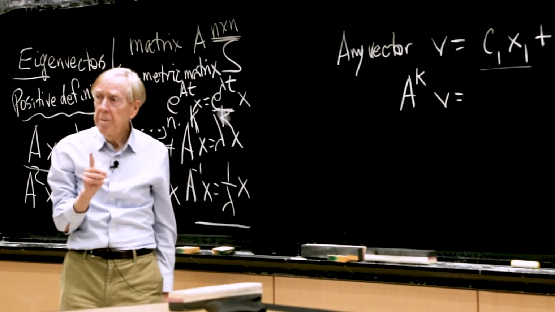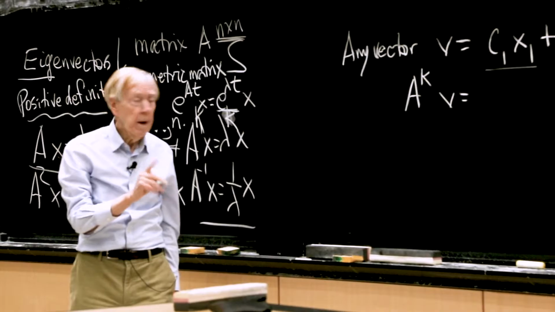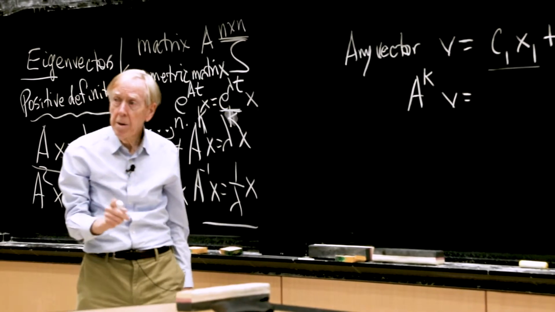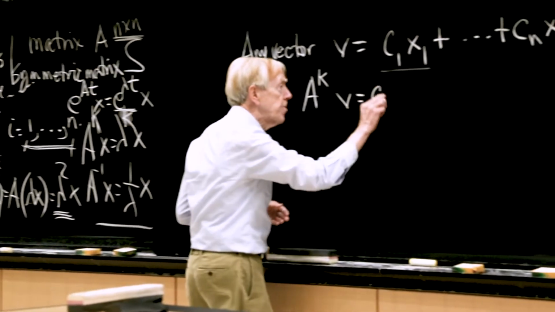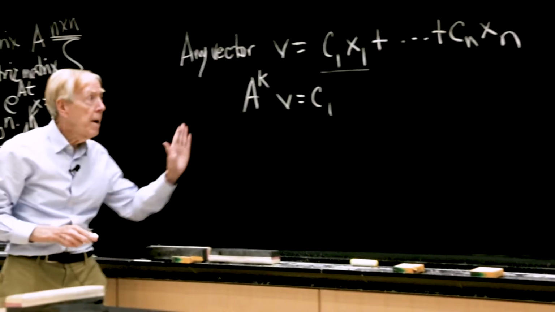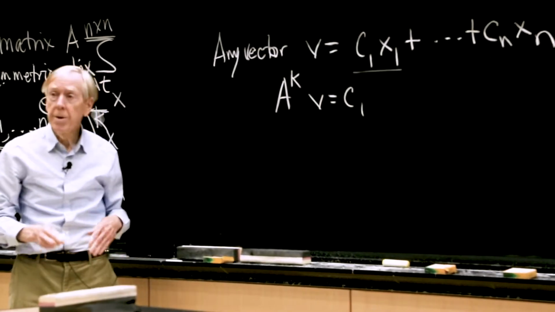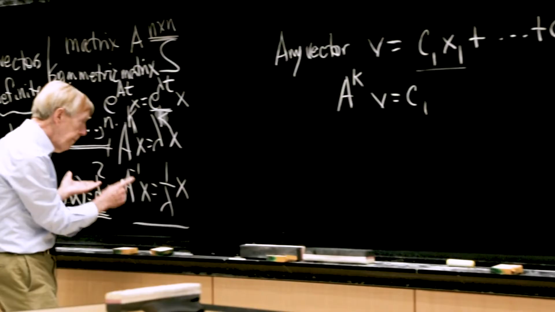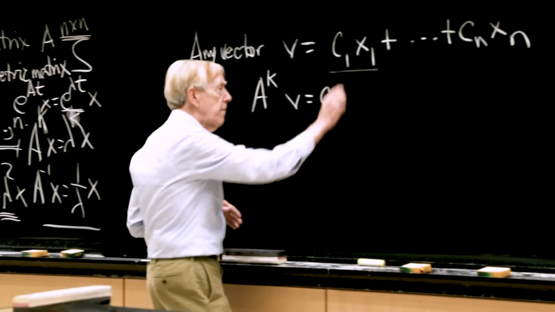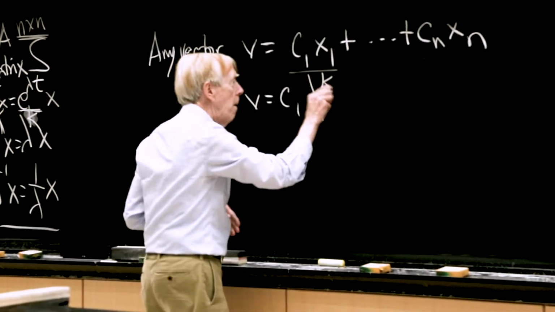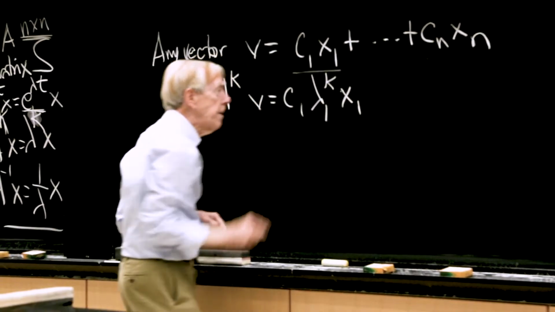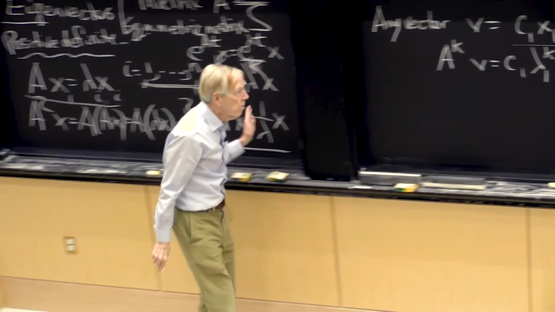It's an eigenvector, remember. So when I multiply by A to the k, I get c1, just a number, and A to the k times that eigenvector gives lambda 1 to the k times the eigenvector. That's the whole point.